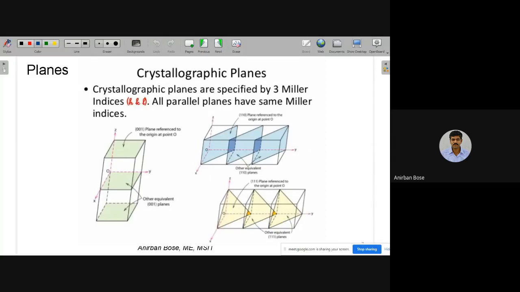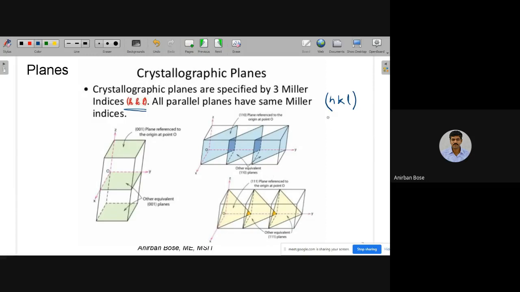So now coming to the planes, how we represent planes through Miller indices. Again, with the help of Miller indices, we can also represent planes. As you can see here, a plane representation has been shown by some unknown indices like HKL within parentheses.